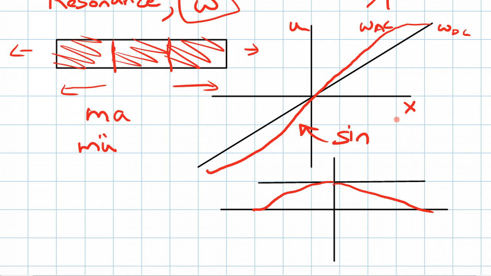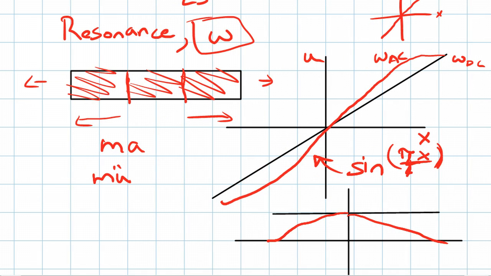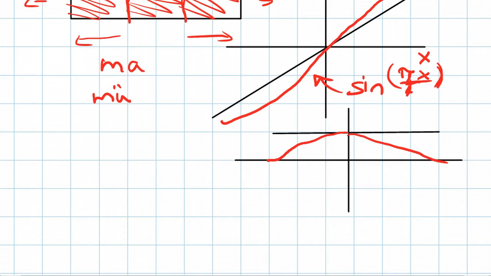They have a sine format, something like pi x over l. So this is the basic outline, and this can be calculated, and we're actually going to do it somewhat. Basically, this is also in a sine form, although I didn't do the best job drawing it. We have zero strain at the edges. We have the most strain in the center, and this is for the AC case, and this is for the DC case.